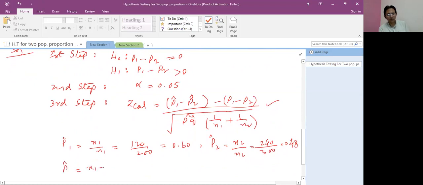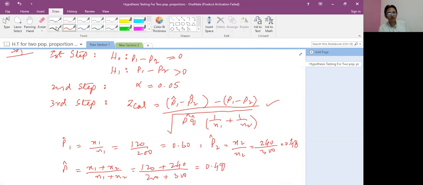P cap is X1 plus X2 upon N1 plus N2, 120 plus 240 over 200 plus 300, to find the overall proportion. It is 0.49.